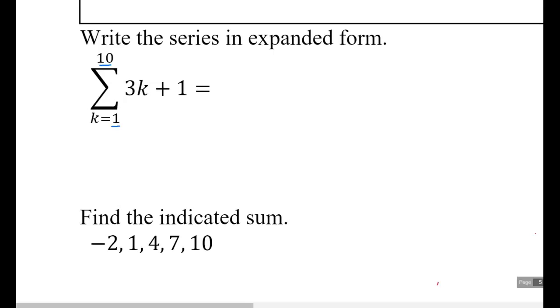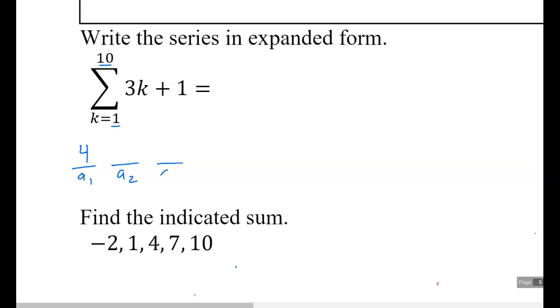So that's what we need to do first, is find the individual values for each one of these terms. To do that, all we have to do is take these term position numbers. We start with 1, that k value of 1, and we plug it into our definition. So 3 times 1 is 3, plus 1 is 4. So our first term's value is 4. That's our a sub 1.